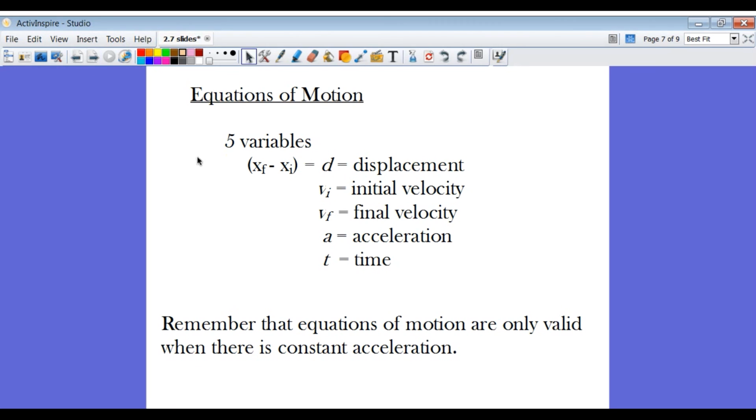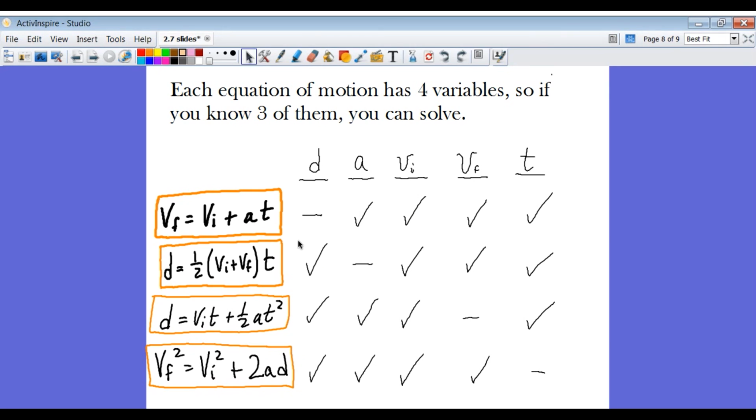If you'll notice, each of those equations had only 4 variables in them, but there are 5 variables overall: displacement, V initial, V final, acceleration, and time. Just a little reminder here that we can only use them when acceleration is constant. And if we look at all the equations at once, we see that even though there are 5 variables, each equation only has 4 variables.